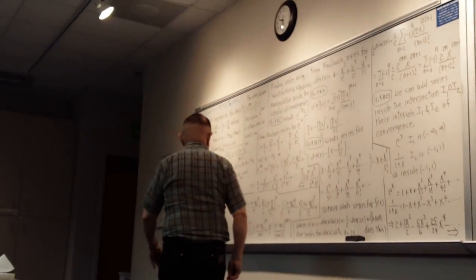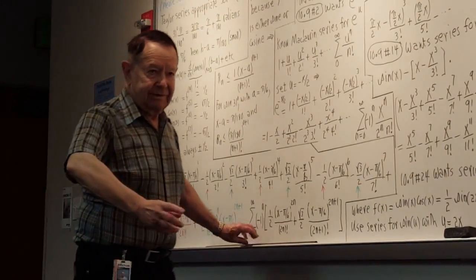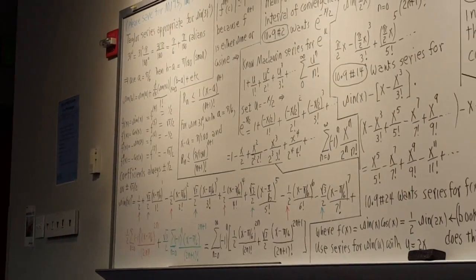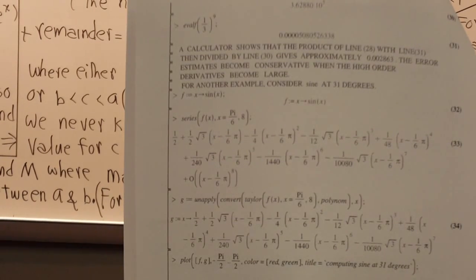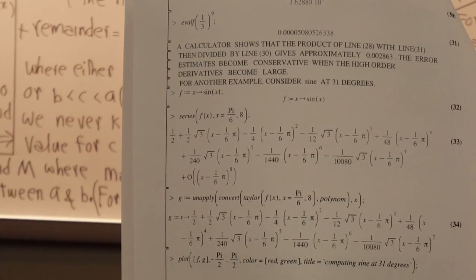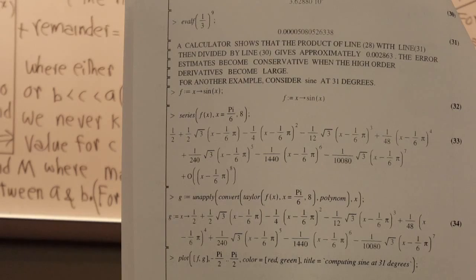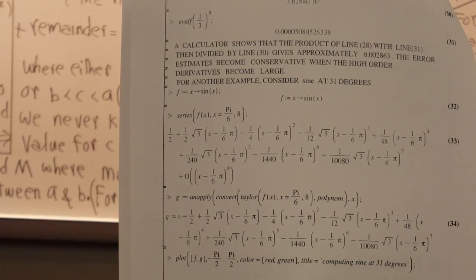So coming here, what we would have, well, I guess what I want is the Maple. Okay, here it is. All right, so you look down there at line 34, where I'm defining the function g as my Taylor polynomial that goes through degree 7, my 8-term Taylor polynomial.